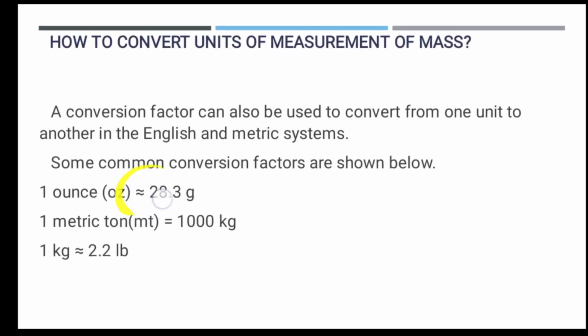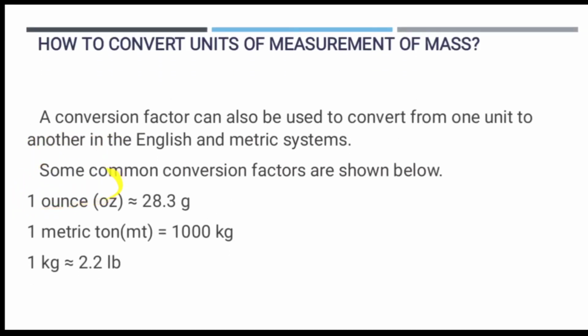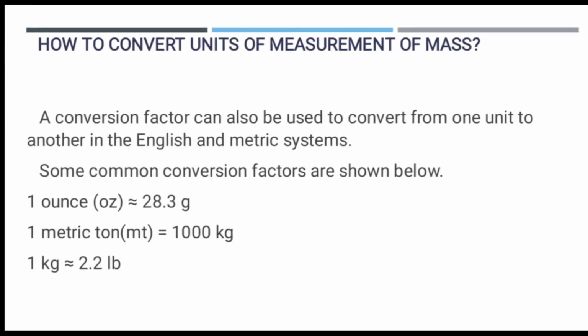We use this symbol because it is just the approximated value of one ounce to grams. Then 1 metric ton or MT is equal to 1,000 kilograms.